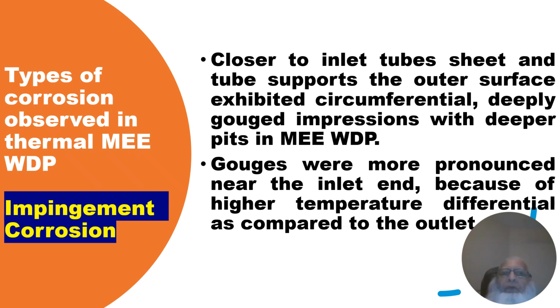Closer to inlet tube sheet and tube supports, the outer surface exhibited circumferential, deeply gouged impressions with deeper pits in MEE WDP. Gouges were more pronounced near the inlet end because of higher temperature differential as compared to the outlet.